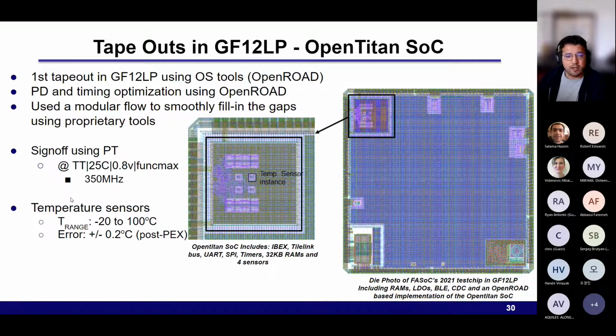And the sensors are actually showing really great results, with 0.2 degrees C inaccuracy from -20 to 100 degrees C post-spec simulation. And that is due to the FinFET being a very structured physical design, right? Analog doesn't allow a lot of customization in FinFET technologies.